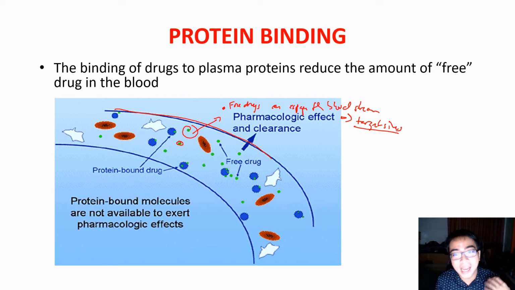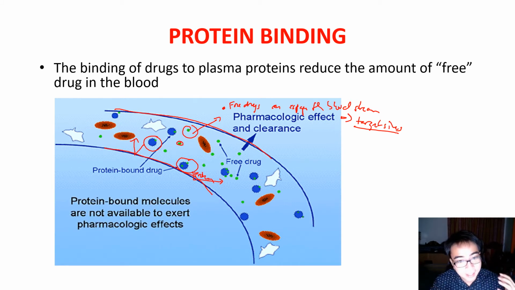Now, what happens, class, if a drug is bound? Such as these drugs, these are protein-bound drugs. Remember, class, that proteins are macromolecular structures. These are large structures. So, meaning, class, if a drug is bound, it cannot escape the bloodstream. Bound sila eh. At the same time, ang laki nila. So, hindi sila magkakasya palabas ng bloodstream natin, because they are bound to certain proteins.